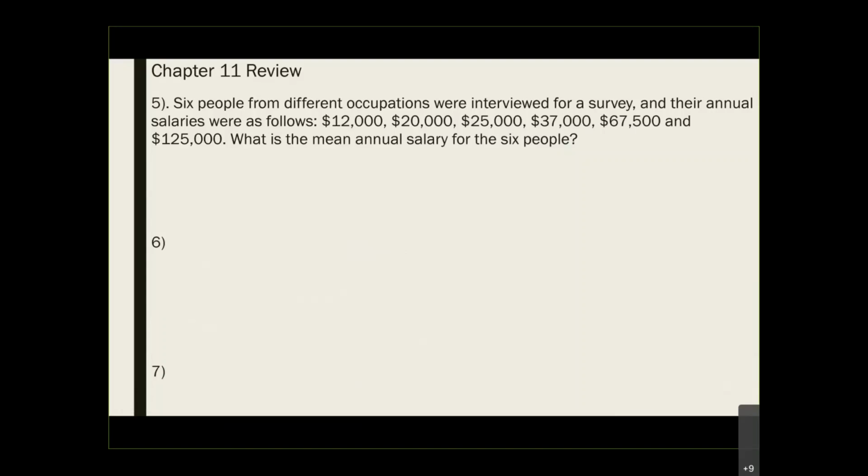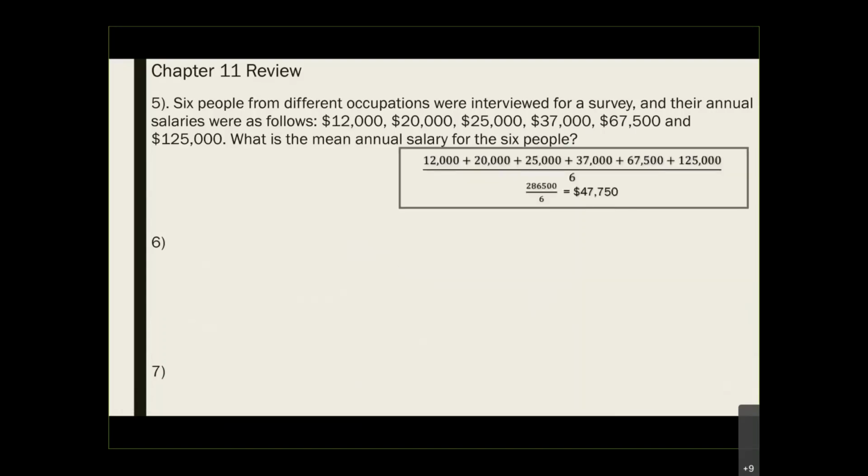The number is big, but all you do is the same as before: you add each of your data up and divide by the total number of data, which in this case is 6 people. You add them up and divide by 6, and the average annual salary for these 6 people is 47,750. You all know how to find your average or the mean.